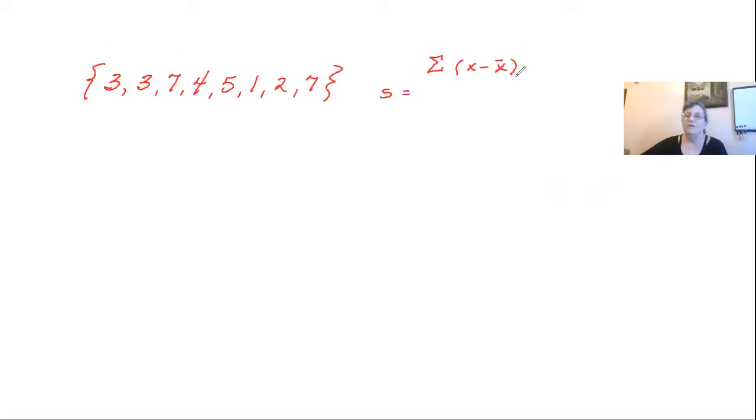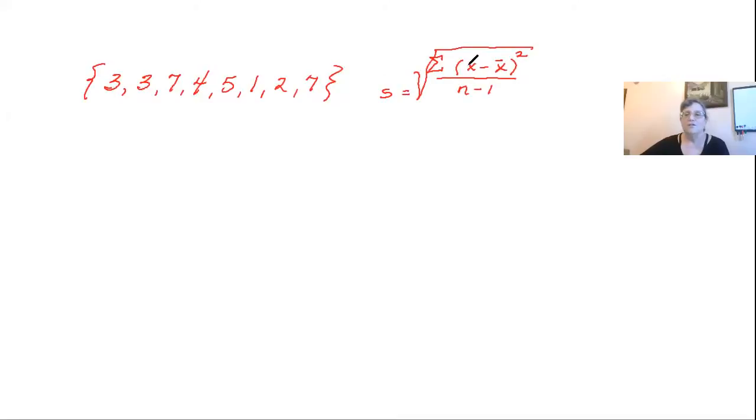However, because we don't want negative numbers canceling out positive numbers and making it look like the standard deviation is 0 when it's not, they square it and then they go back and take the square root of the answer. And as I said, this is divided by n minus 1 instead of n. The population standard deviation is actually divided by n, and that's the only difference between the two formulas.